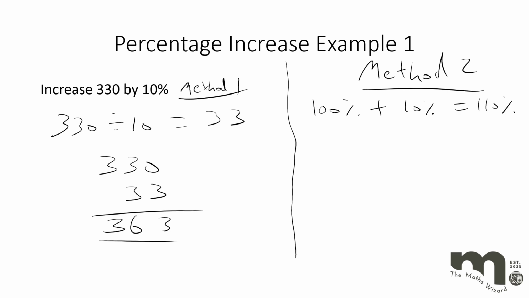If you divide any percentage by 100, that will give you its decimal equivalent. So your multiplier for 110% is 1.1. So if you do 330 multiplied by 1.1, that will take you straight to your 363.